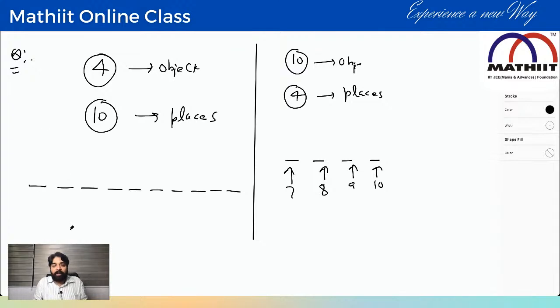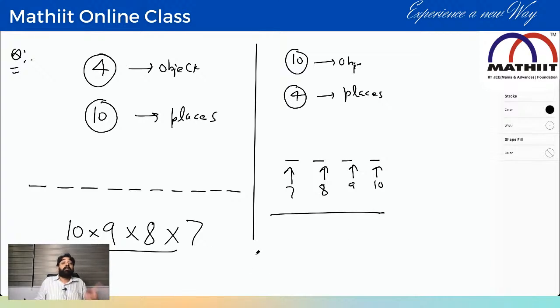The first person will say, I can take my chair in 10 different ways because all are empty. The second person will say, I will take my chair in 9 ways. The third person, 8 ways. The fourth person, 7 ways. Look, both are the same.